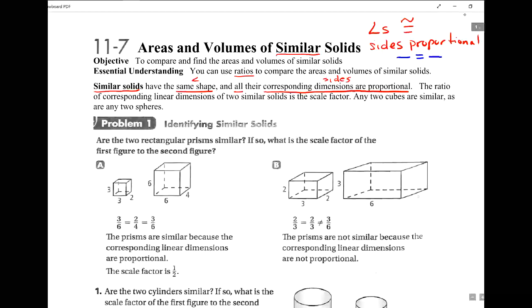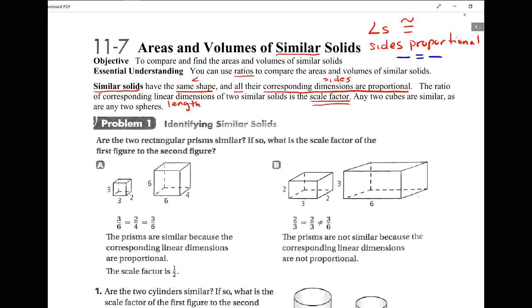This is going to be like our sides. And of course, the corresponding linear dimensions, this means length, are related by a scale factor.